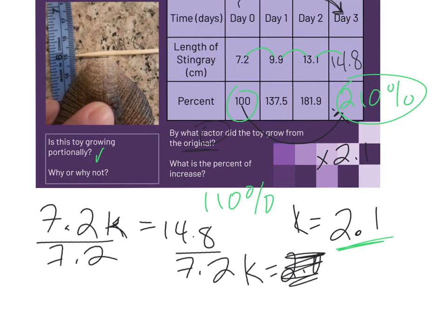So the answer is no because K is not constant. It's not growing proportionately, which I kind of hoped it would, but that's fine.